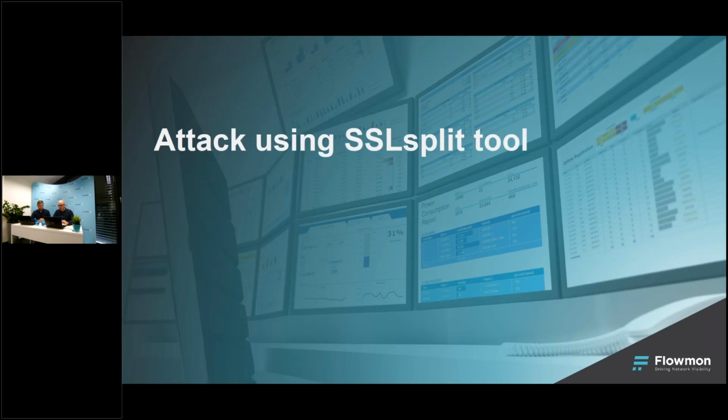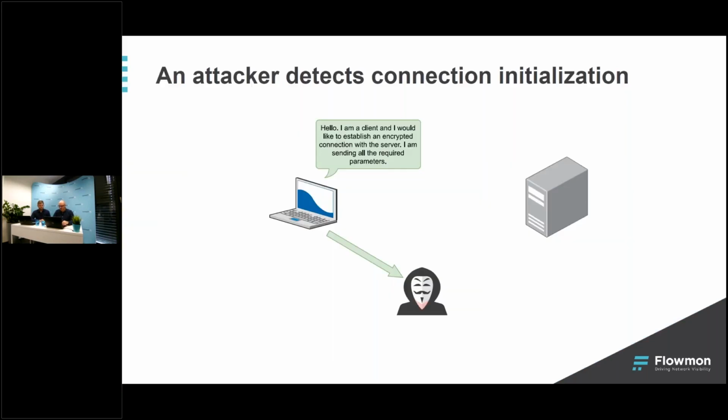And now let's take a look at what the SSL split tool does. Because the traffic is redirected to the machine of our attacker, the attacker is able to detect that the victim tries to access the legitimate server.